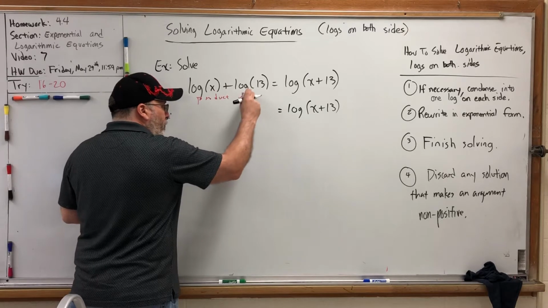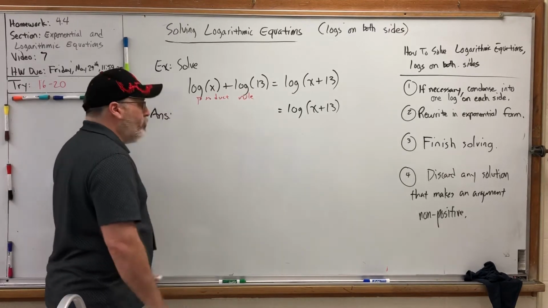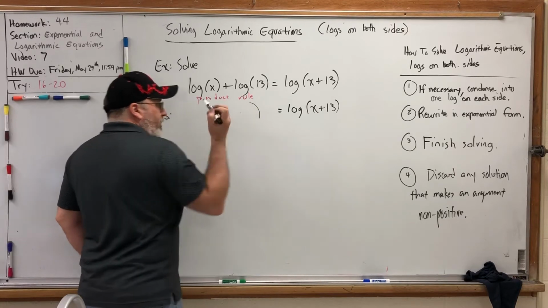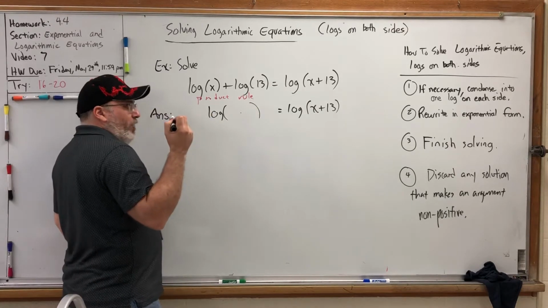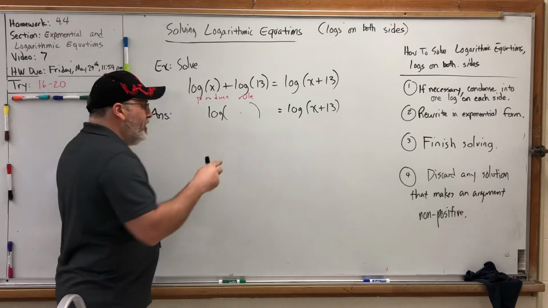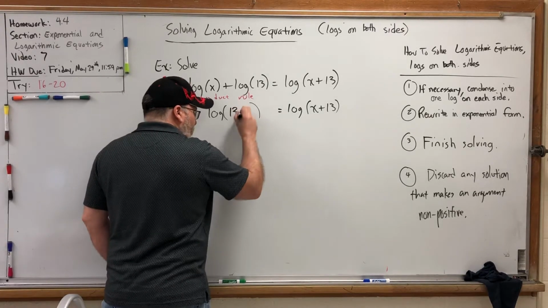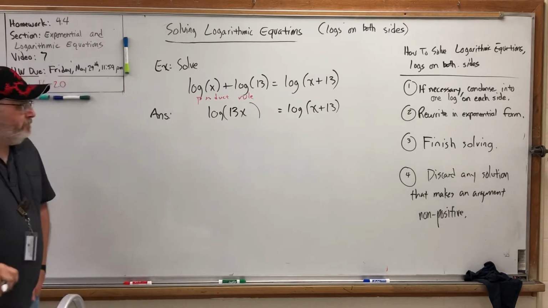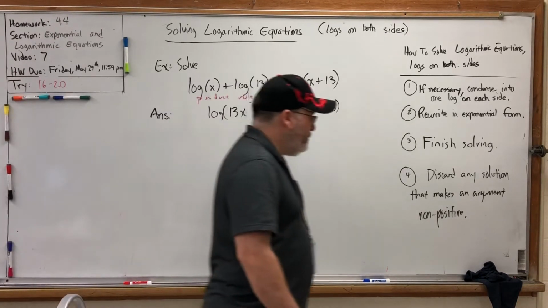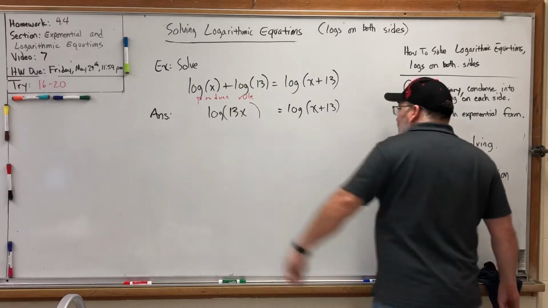Product rule, which says the sum of two logs is equal to the log of the product of their arguments. I could write x times 13, but it looks better as 13 times x, which looks even better as just 13x. So product rule, put them back together by multiplying their arguments if there's a plus in between.